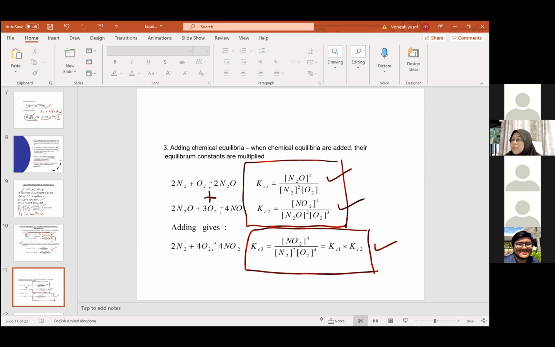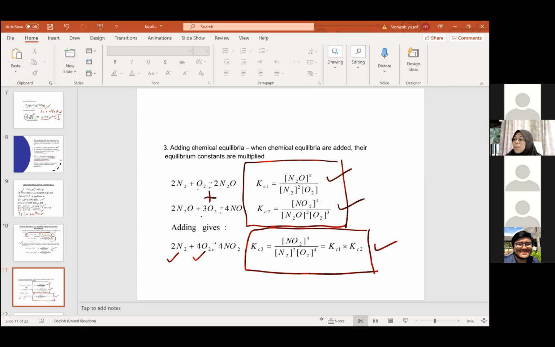When you add the reactions, you can see that 2 nitrogen remain, and for oxygen you now have 4 O2 plus these 3 O2.